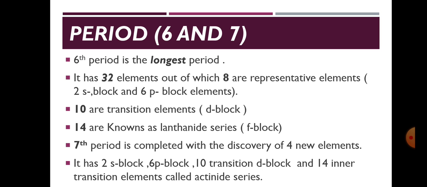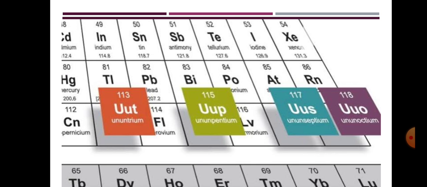It has 2 S block, 6 P block, 10 transition metals, and 14 inner transition elements called the actinide series. So these are the 4 elements which were discovered, and the 7th period is completed.